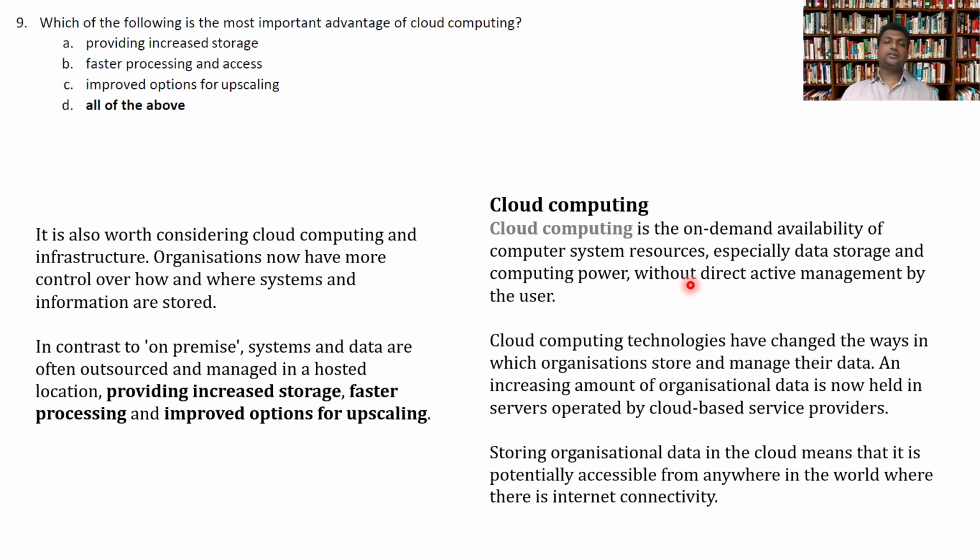Earlier, the organization had to pay for 200 customers for the whole year. All 12 months they have to pay. There was no method where, when the customers are coming in, it automatically increases the power and the storage, and when the customers are not there, it reduces. So there was no dynamic on-demand availability. Cloud computing solves that problem.